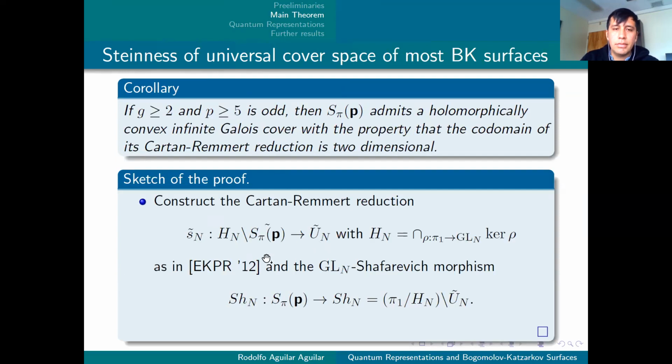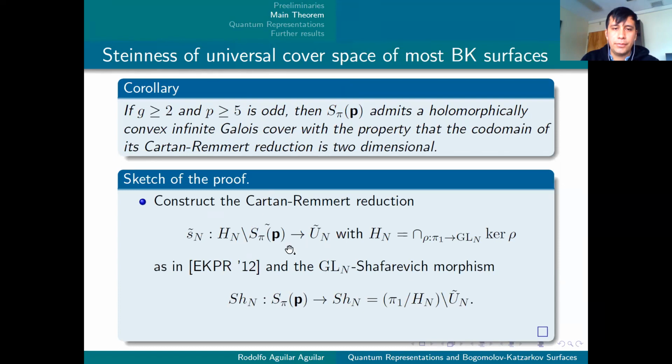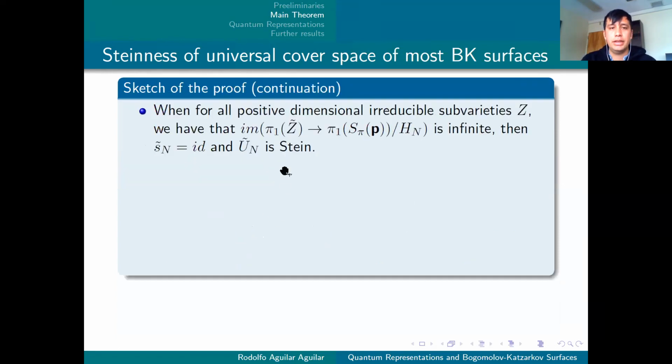And by the properties, this U_n is Stein. So in particular, if it is Stein, it implies that it's holomorphically convex. And if we have this property, then the universal cover is Stein, and then we obtain the holomorphic convexity.